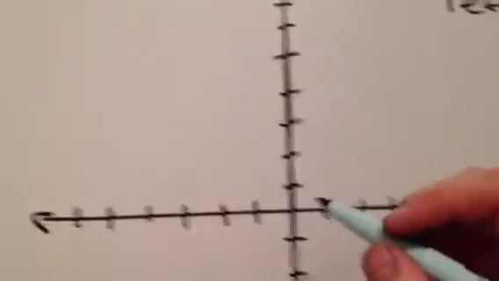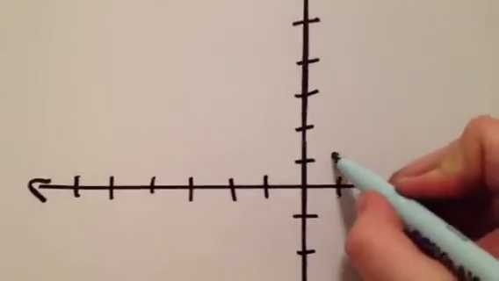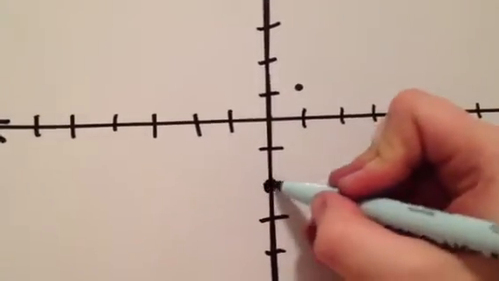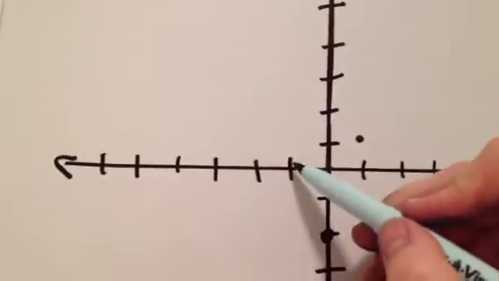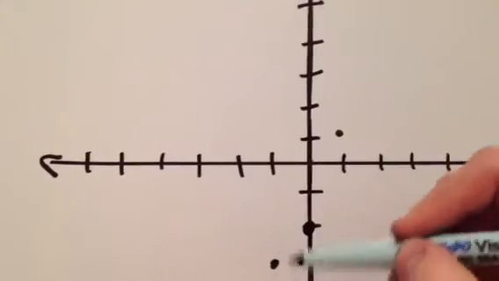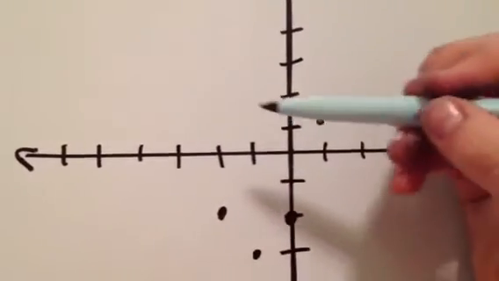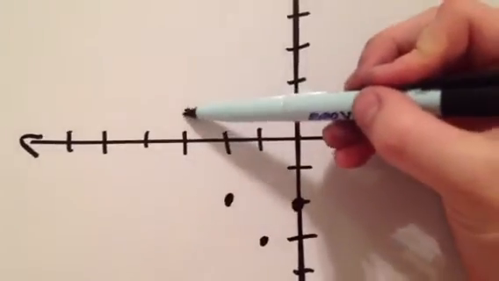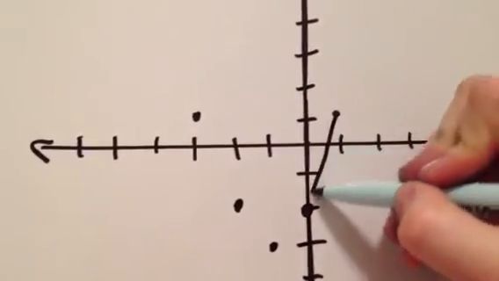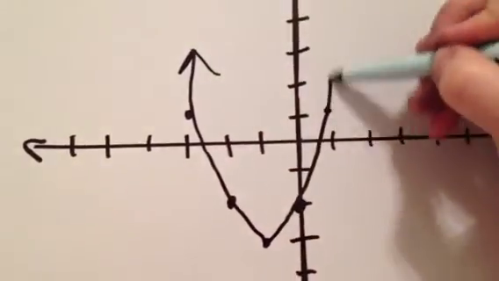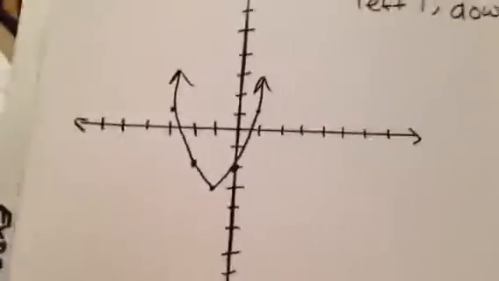We're going to plot the points (1, 1), (0, negative 2), (negative 1, negative 3), (negative 2, negative 2), and then (negative 3, positive 1). And so our graph's going to look like this. And that's our new graph.